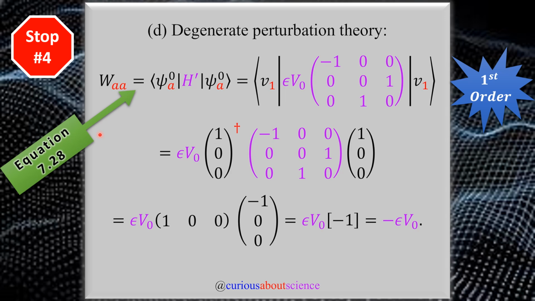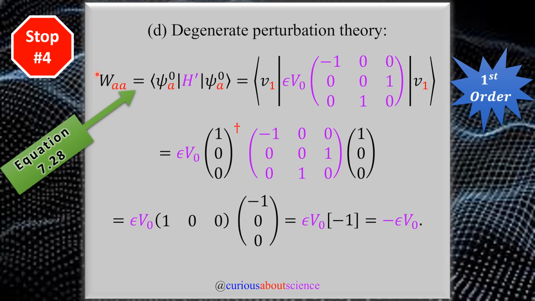But what we see here is that equation 7.28 for the doubly degenerate states is going to be used, and that's just taking the inner product again before we plug into the bigger equation, which will come later. But we have to find all the ways that this state vector interacts with itself and the other state.